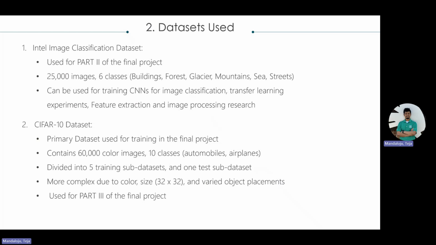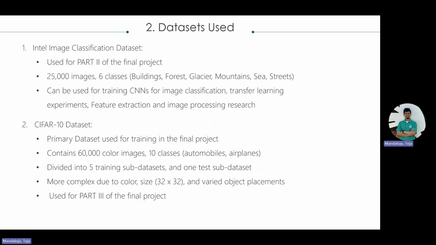The next data set we have used in the final project is the CIFAR data set. This is the primary data set used for training purpose, and it contains 60,000 color images and has 10 classes like automobiles, airplanes, and some other classes. It is also divided into 5 training sub-data sets and 1 test sub-data set. I can say that it is more complex because of its size, color, and the different classes.